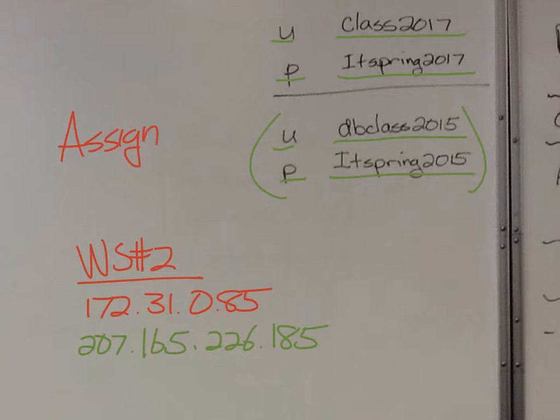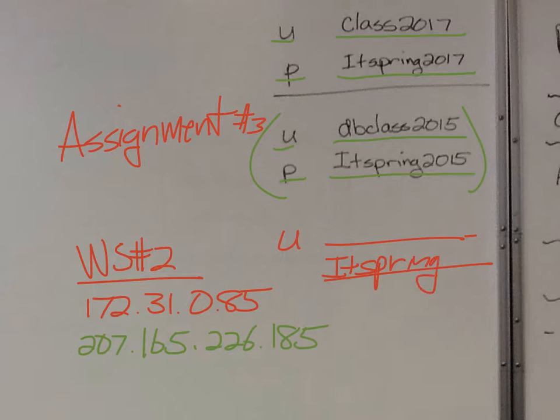This is given in the assignment for the individual database. I think that's like assignment number 3 or something. Also, each of the students have a user, last name, first initial, and an introductory password of IT Spring 2017.